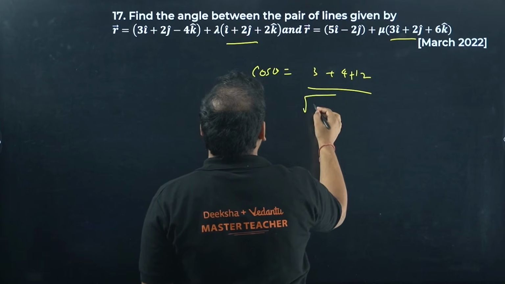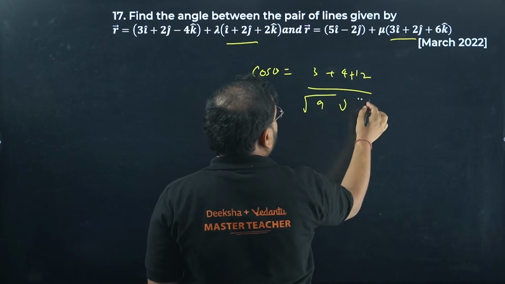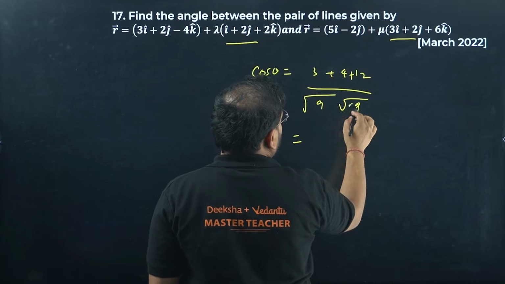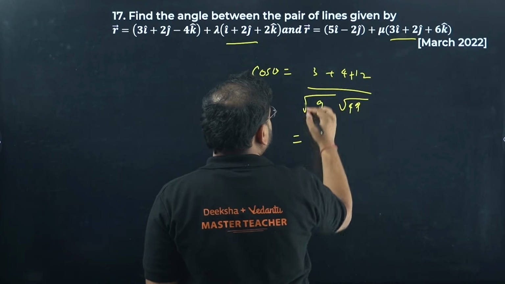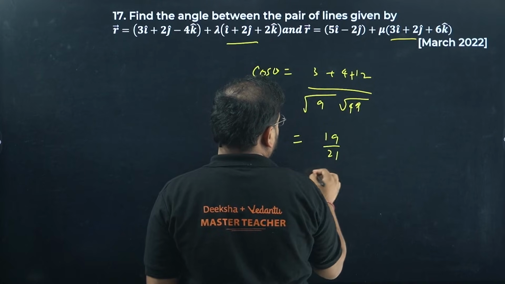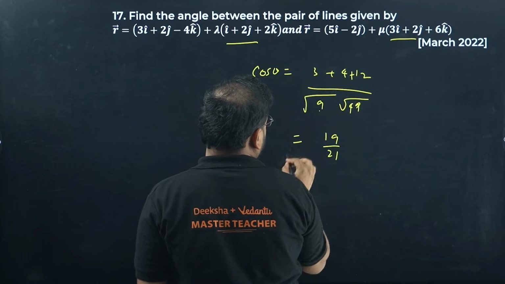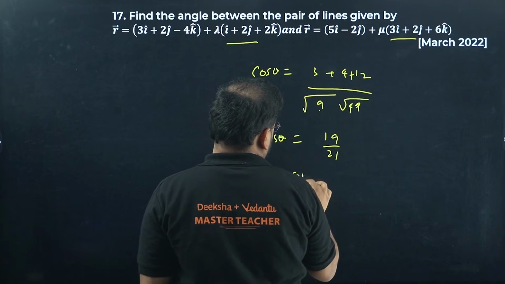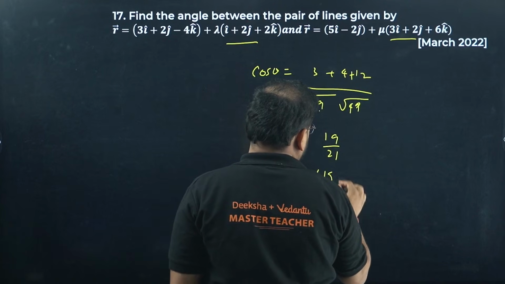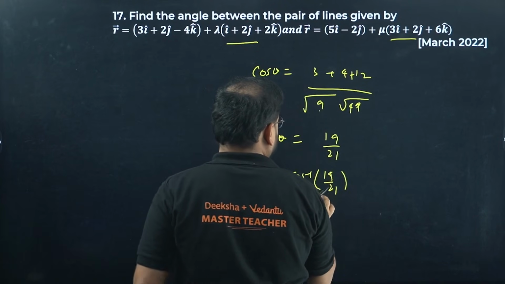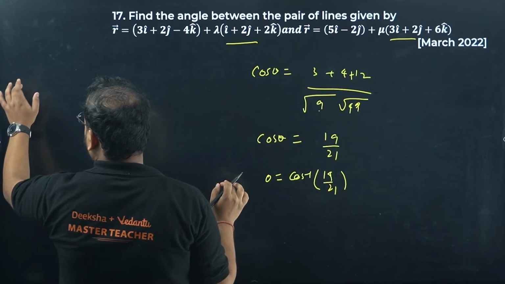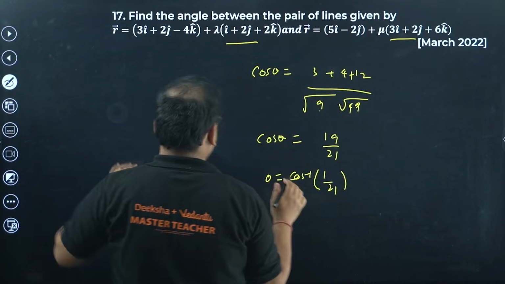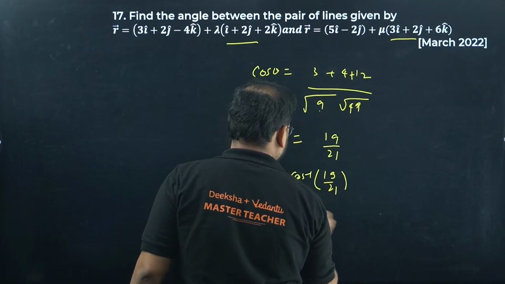Root of this will become what? 9. Here again 36 and 4, 40 plus 9, 49. Same problem exactly. So we'll have here 16 plus 3 is 19 by 21. 3 and 7. So this is cos theta. Theta value is cos inverse of 19 by 21.